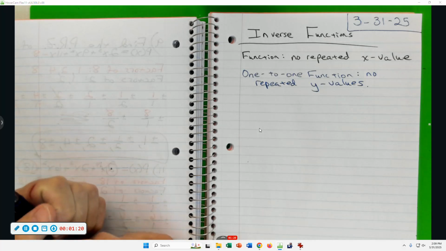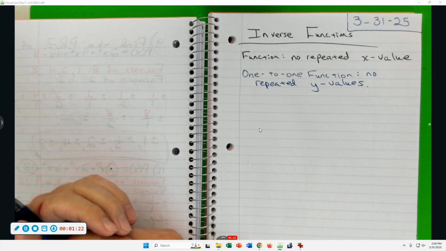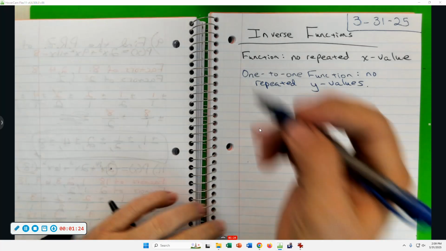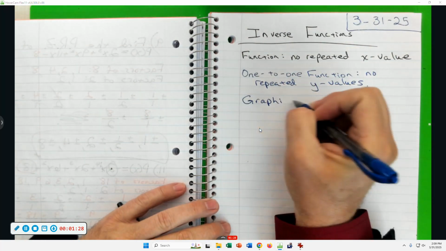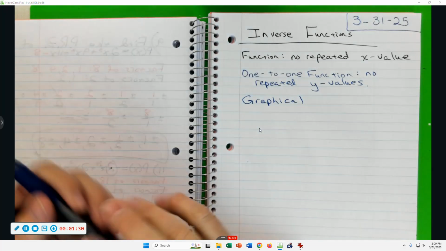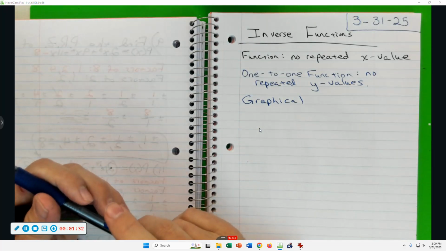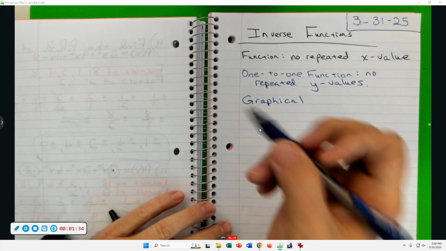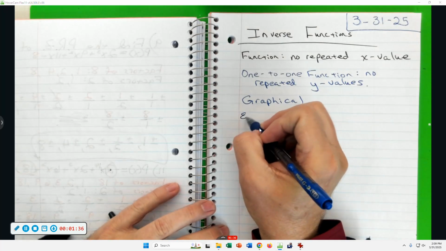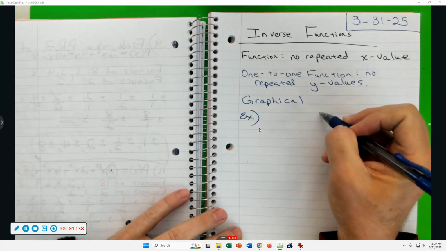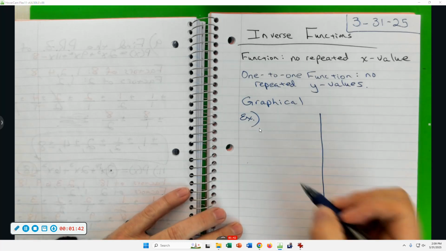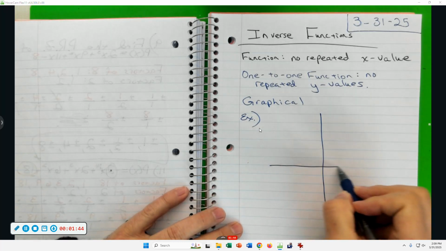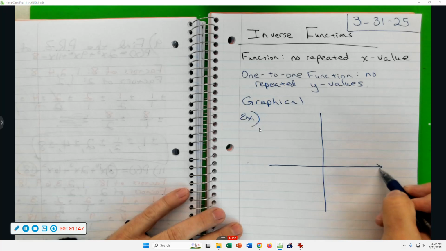And let's look graphically. What would that mean if we take a graphical interpretation? I'm going to make up an example before we look at problems 1 and 2, here and here.